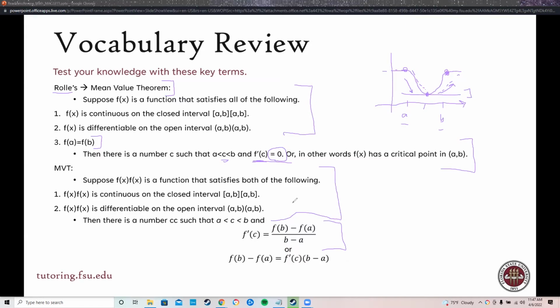Also, a quick note: most of the time when you have something that's continuous, it's also differentiable, but that doesn't happen 100% of the time. So there is a reason why they specify both continuous and differentiable.